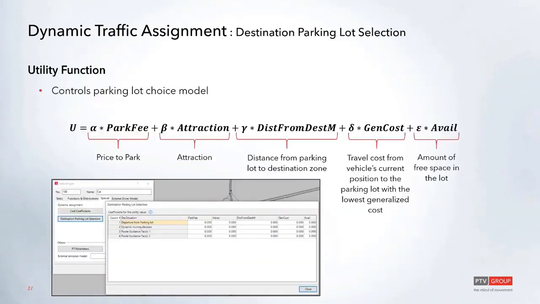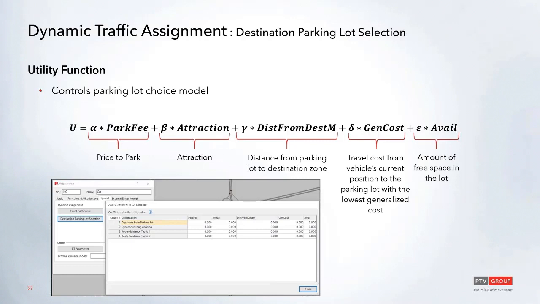So first we'll take a look at that parking lot selection process. This is based off of a utility function. It will include things like the price to park, the attraction factor that's set up by the user, the distance from the parking lot to the final destination zone that the trip would go to, and also the travel cost from the vehicle's current position to the parking lot with the lowest cost.